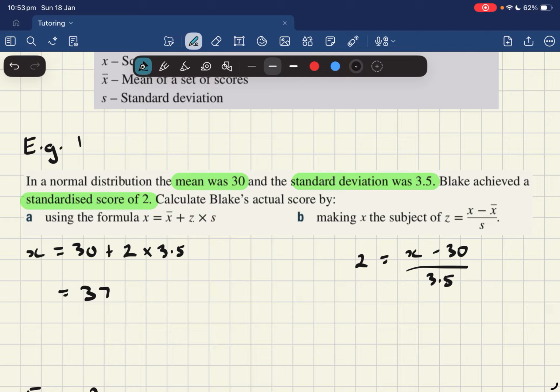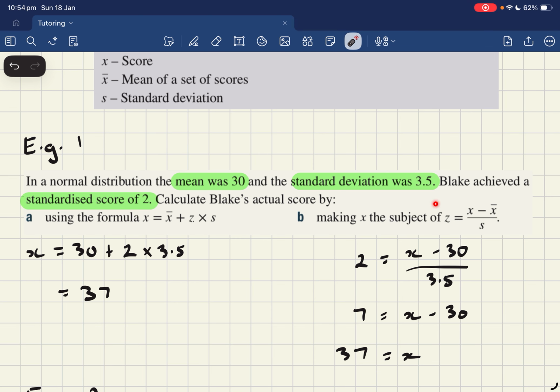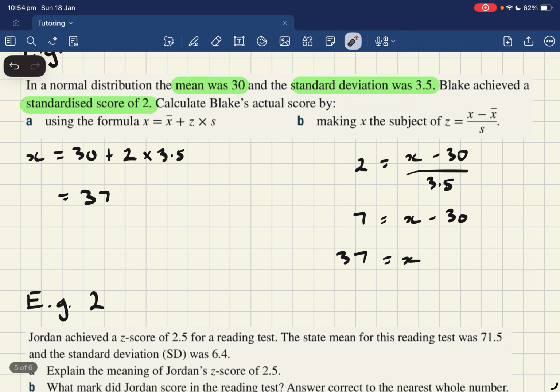So we're going to multiply both sides by 3.5. So we're going to get 7 equals x minus 30. And then we are going to add 30 to both sides, leaving us with x on the left-hand side. And we have 30 plus 7, which gives you 37. So 2 different ways, we get the exact same answer because our formula here is just the z-score formula rearranged. So whether we do it one way or the other, we will get the same answer.